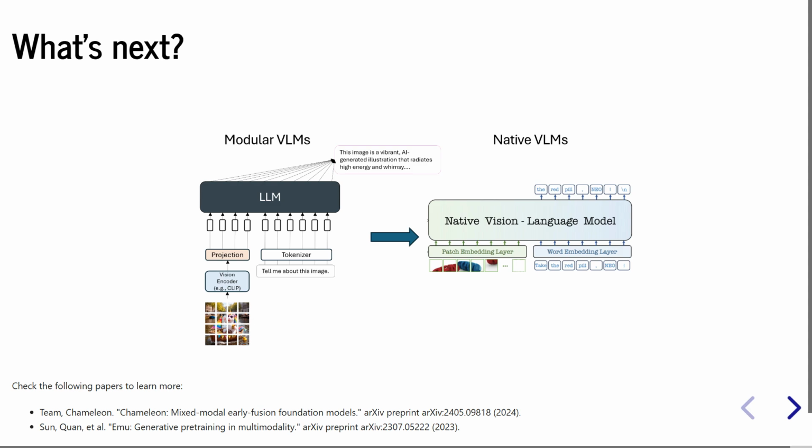But then people are looking a bit more into what is called native vision language models, where the idea here is that we want to train our transformer model completely from scratch by embedding some vision, so some image information, and also some text information.